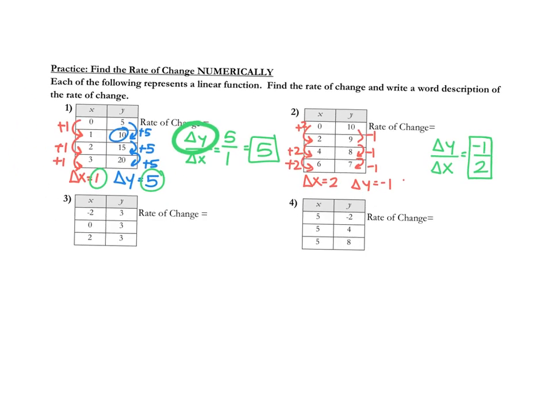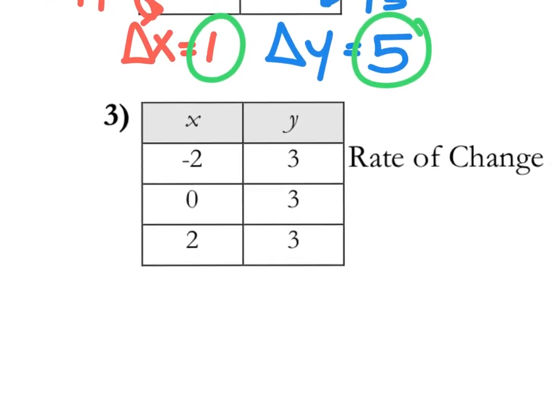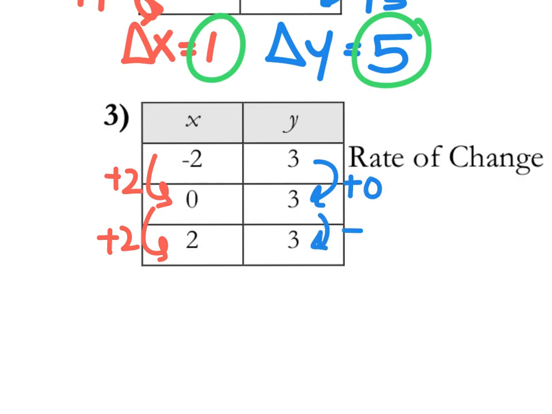Let's repeat number 3. Now this one looks a little bit different. Change in x is going up by 2. However, the change in y, nothing's happening. Well, okay. So my change in x was 2, and my change in y was 0.